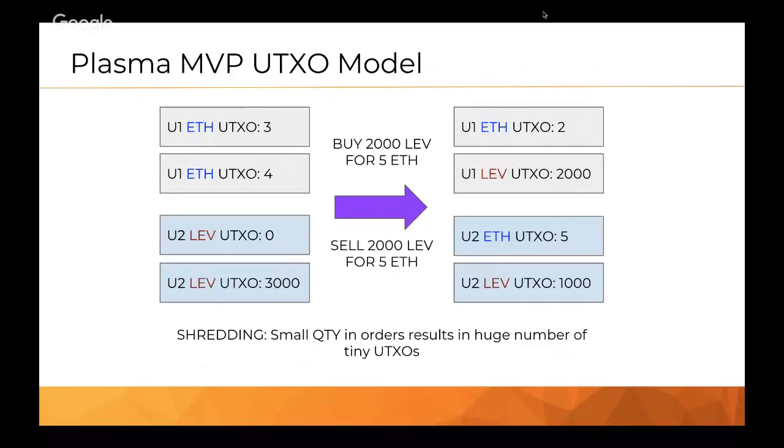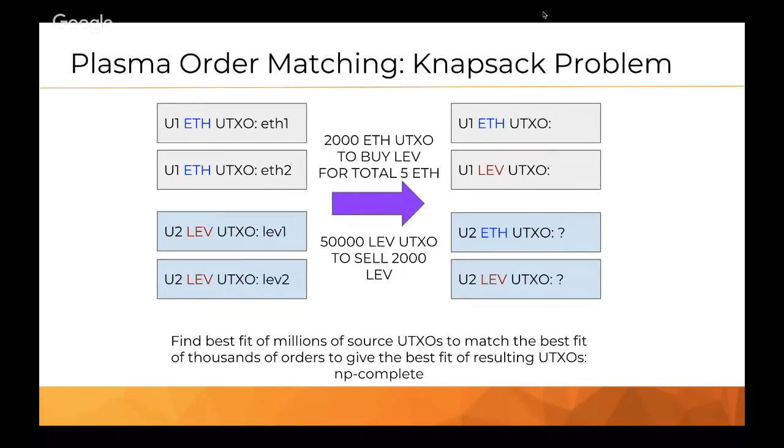All right, let's proceed. One of the issues with order matching on Plasma is something called a knapsack problem. The idea is that you have to find the optimal amount of outputs to spend to create a transaction that exactly fits or fits close to the amount that you want to match. And this is an intractable problem. It's NP-complete.